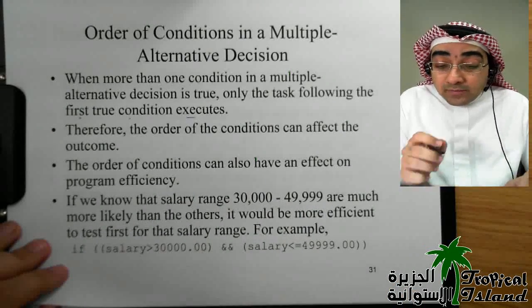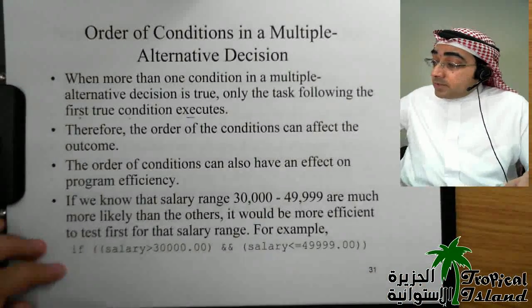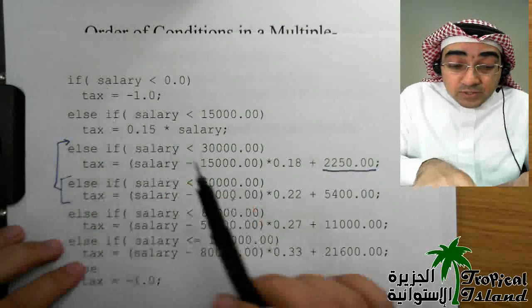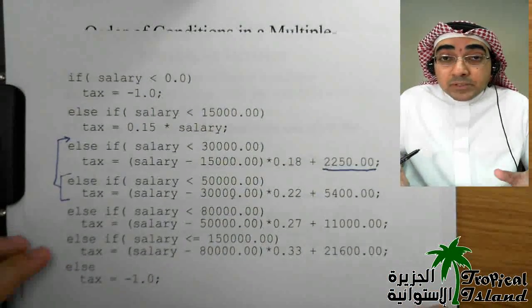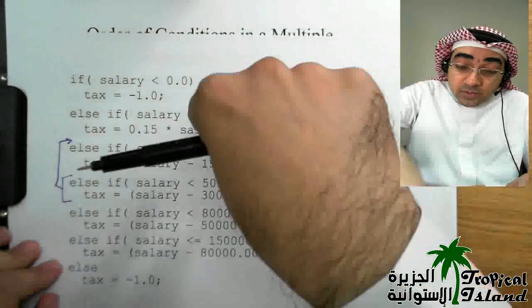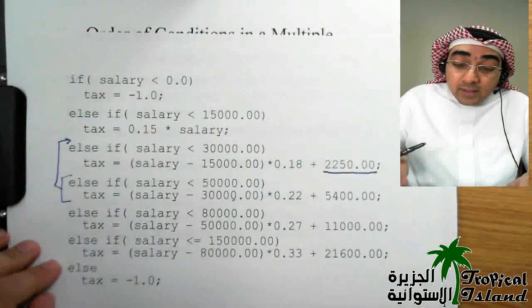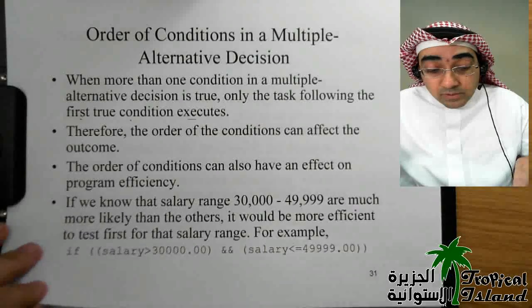Okay, you can have a more efficient program. So basically, what you do is the first if that you put is the if which has the highest probability of people having that salary. So most of the people have a salary between 15 and 30,000. So these are the first conditions that you put, and then you can actually optimize your code based on the efficiency.